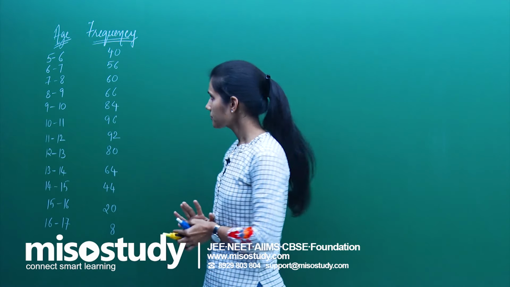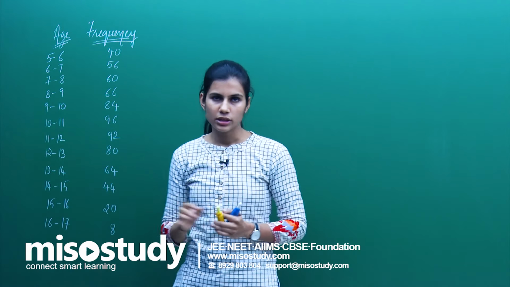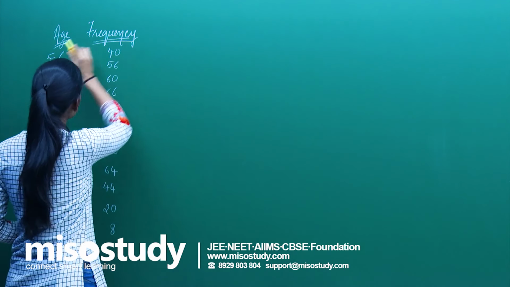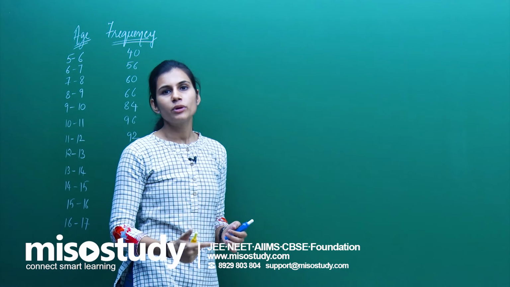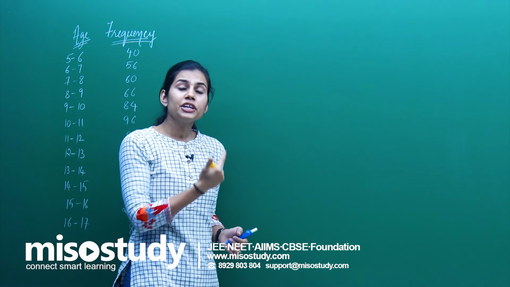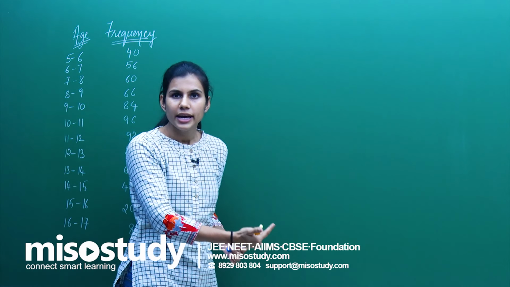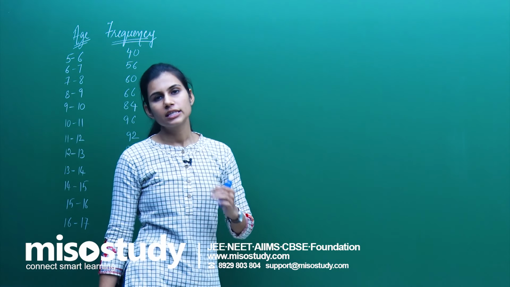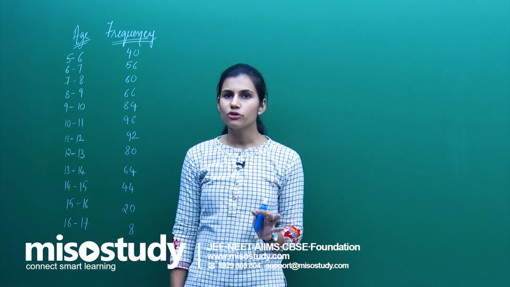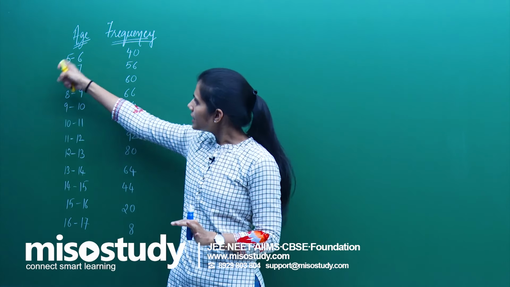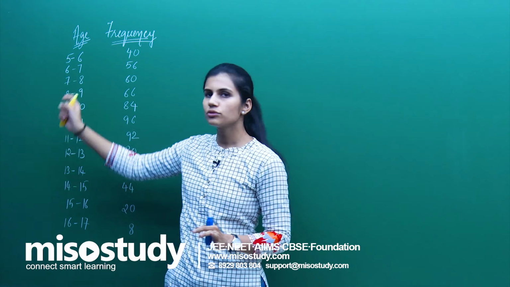Is it clear? You are being asked to draw the less than cumulative frequency polygon and cumulative frequency curve, and compute the median for this given frequency distribution. First of all, it's a continuous frequency distribution: 5 to 6, then 6 to 7, then 7 to 8, then 8 to 9 and so on.